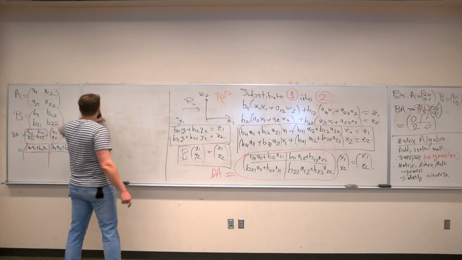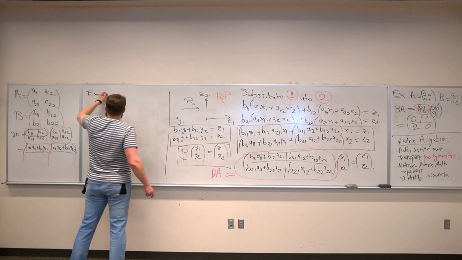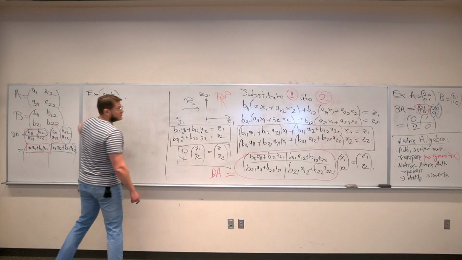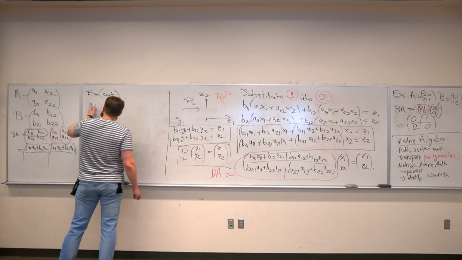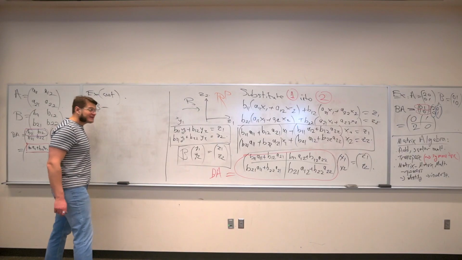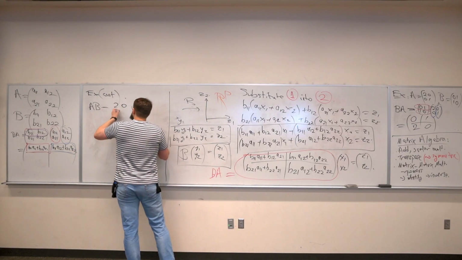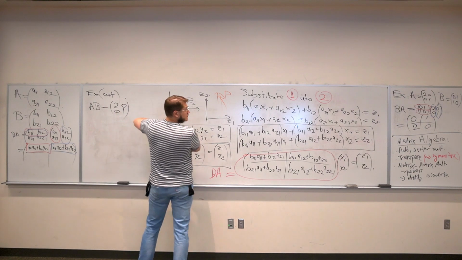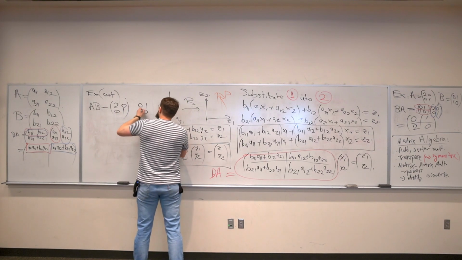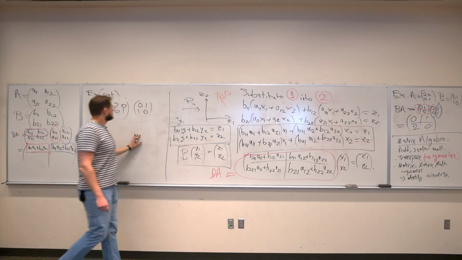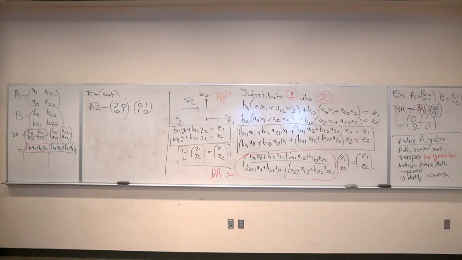So again, the same example continued. This time I want to compute A times B. Now I need to write them in this order, okay? Same rule, okay? You're not looking at the name of the matrix.